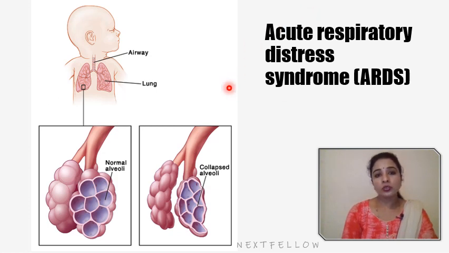The most common cause of respiratory distress syndrome is a deficiency of surfactant because of underdevelopment of type 2 alveolar cells. If type 2 pneumocytes fail to develop, this results in respiratory distress syndrome.